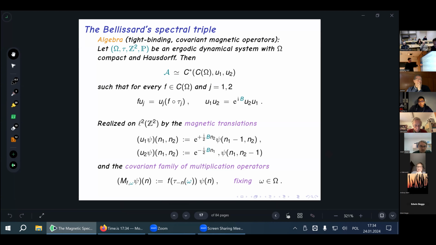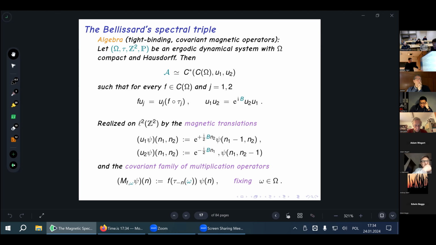Now, how do I represent my continuous function of omega? In this way, you see, I can fix a point omega, and I have tau, which is my action of omega, and then I can move the point omega according to the point of Z2.